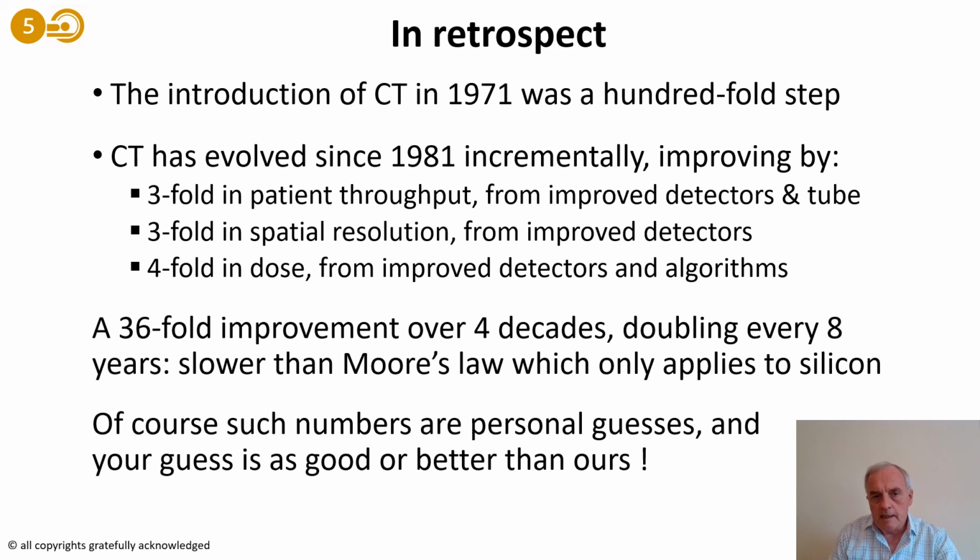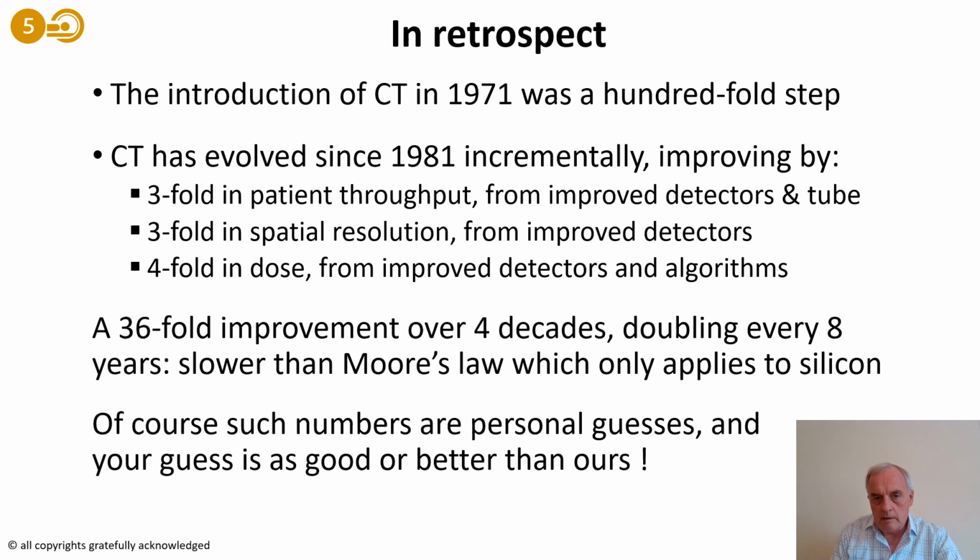I've written there that there's been a 3-fold increase in spatial resolution, which would mostly be from improved detectors, although the X-ray tube may have made some contribution to that. I'm not sure that it's actually as big as 3 times, because the spatial resolution was already reasonably high in 1981. But let's leave it as a number of 3 just for now.